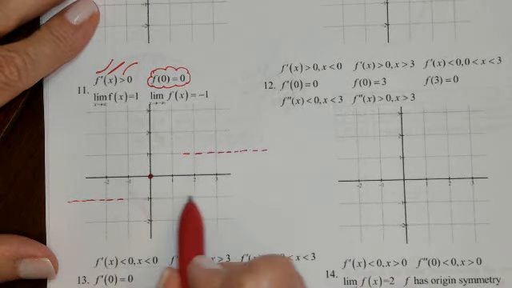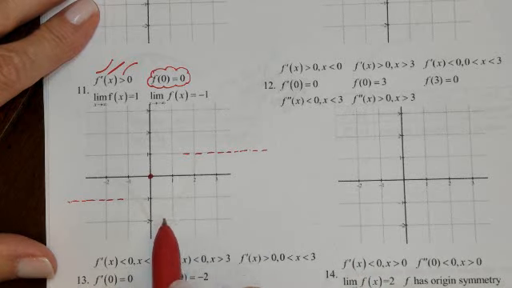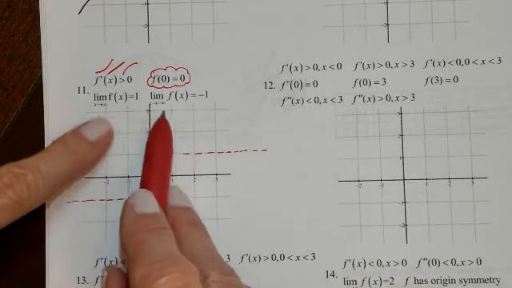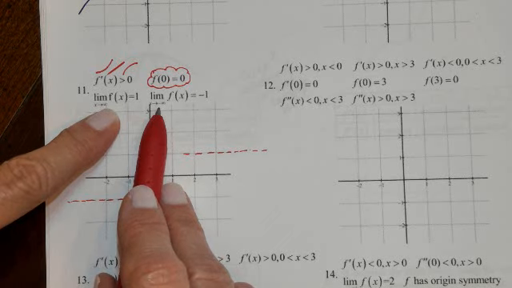Notice that I didn't draw my horizontal asymptote through the entire grid. Why not? Because a horizontal asymptote is only true when x is going to positive or negative infinity. That's the only spot that it's true. Lots of things could be happening in between there.